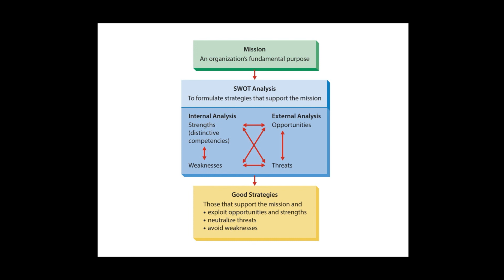Are any of these strengths distinctive competencies that will sustain attempts to imitate them and copy them by others? And where are you weak? And therefore, how are you going to respond to internal weaknesses? As well as, in the external environment, are there present or potential opportunities for you to earn higher than normal economic profit? Are there looming threats that you'll have to avoid?